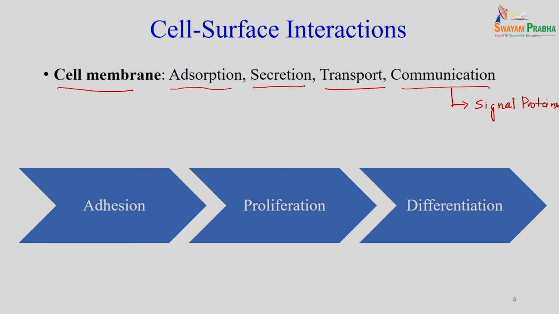Once the cell adhesion takes place, after the surface attachment, which is like adsorption or adhesion, the cell grows and proliferates, or you can say this is the spreading of the cell on the surface, followed by differentiation. So, this goes with time, and it takes different time intervals, starting from days to weeks.